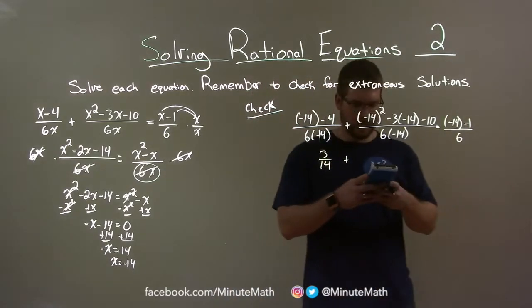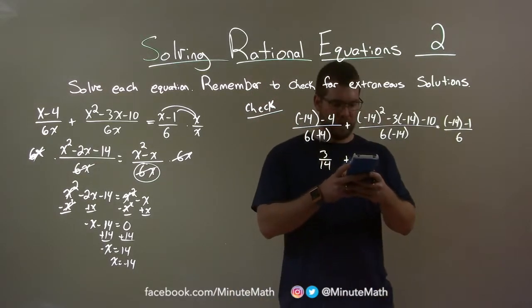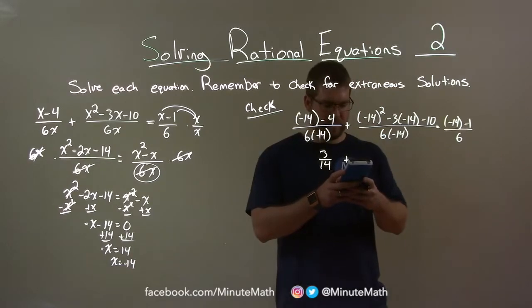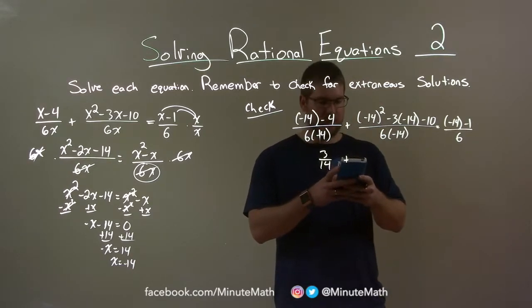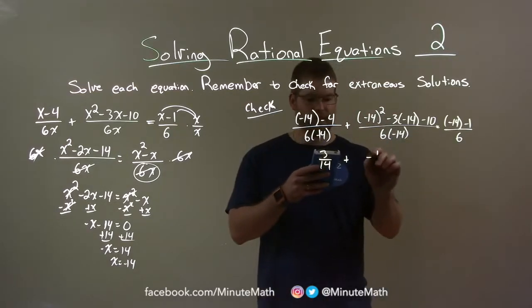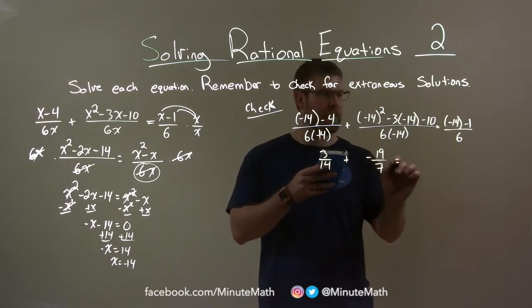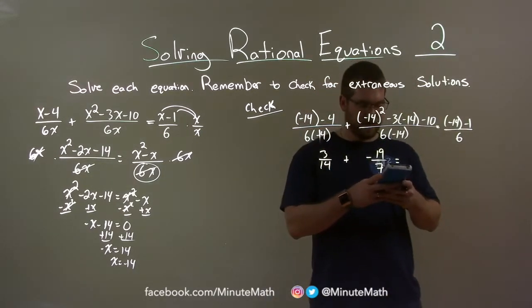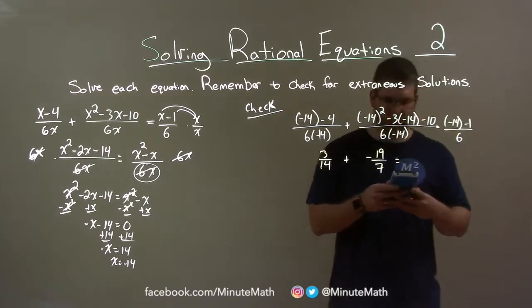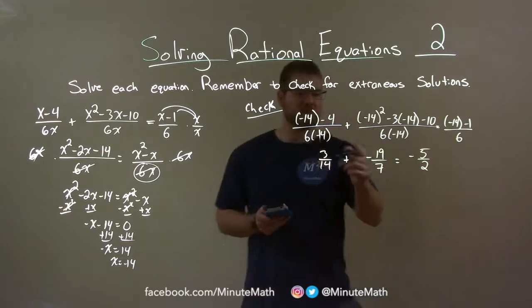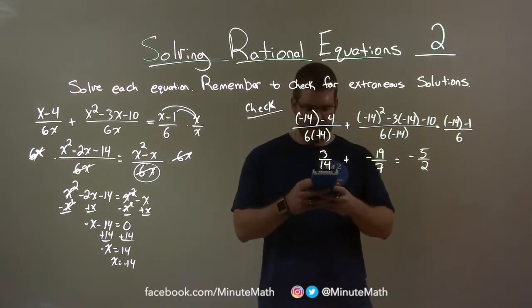Plus here, negative 14 squared minus 3 times negative 14 minus 10 divided by 6 times negative 14, and that as a fraction is negative 19 over 7. All the way to the right, negative 14 minus 1 divided by 6, and as a fraction, it's just negative 5 halves. All right, so let's see if this equals negative 5 halves.